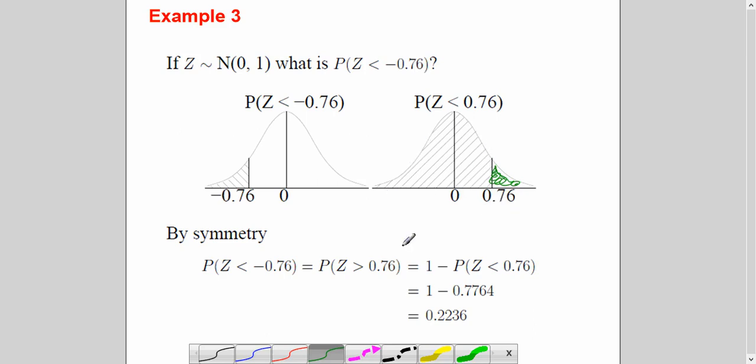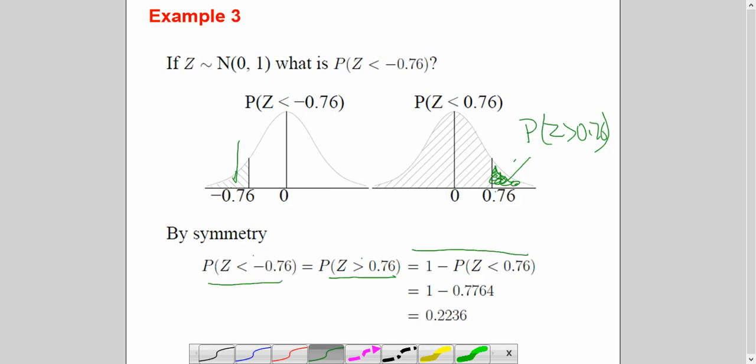So when I read this table, I will use a concept of symmetry because this is equal to this. And to find out this, I will subtract it from 1. And this area is called probability of z greater than 0.76, right? This portion. And this portion is z less than minus 0.76, and they are equal. So that's why the equals symbol is here. I hope you understand this.